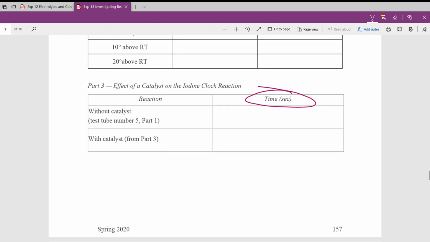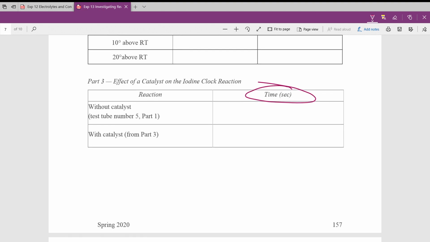Okay. One thing that students get thrown with, though, is if we have a fast reaction rate, that means the reaction will take less time.